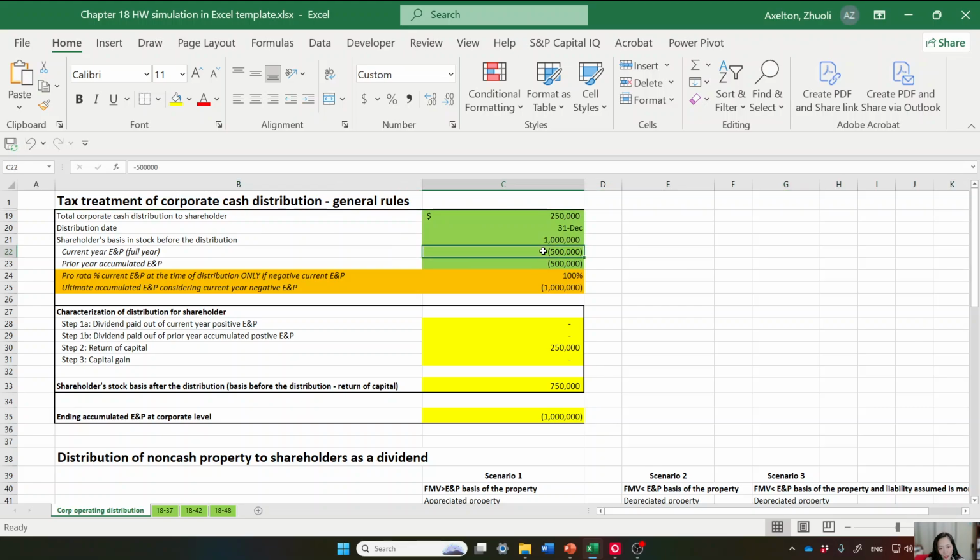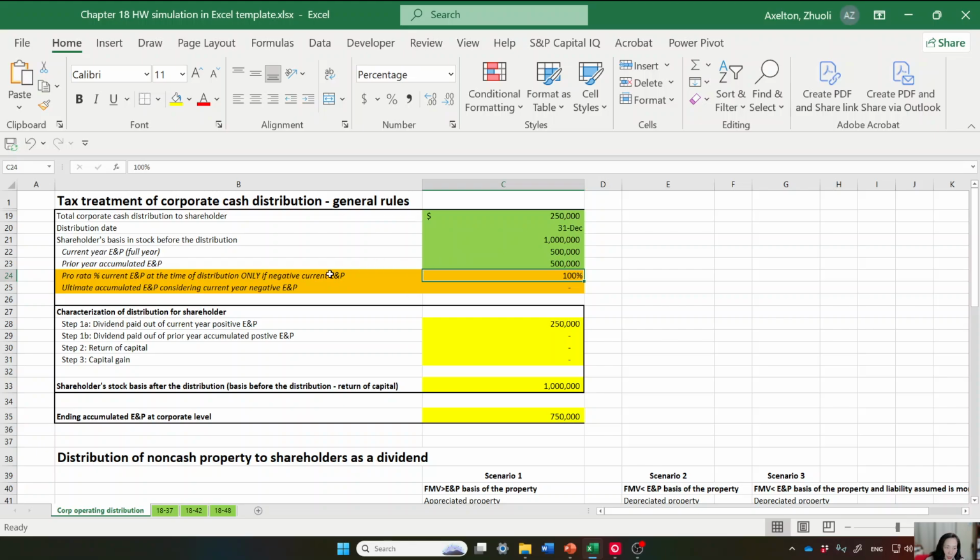Generally speaking, when you're dealing with a distribution, more than likely you're looking at a positive current year earnings and positive prior year earnings. Those unusual scenarios could be very unusual, but it's good to know how those implications could be different.